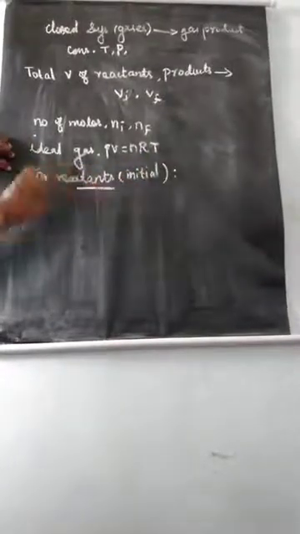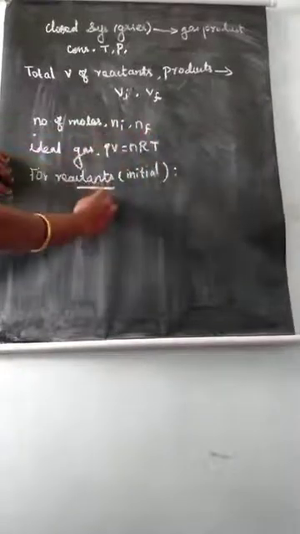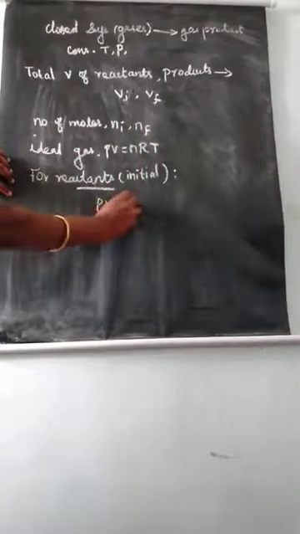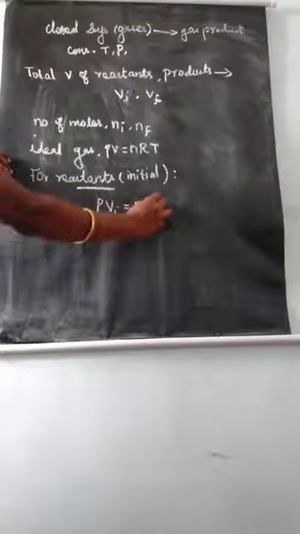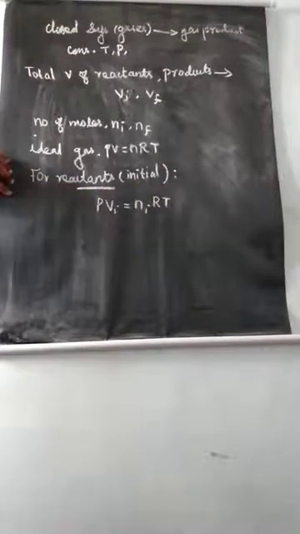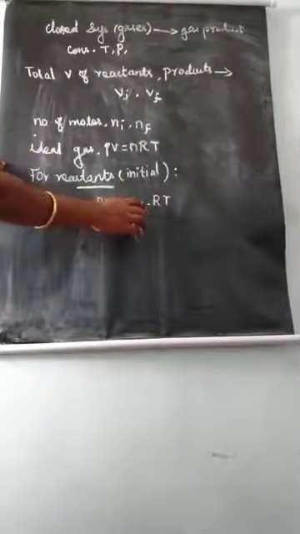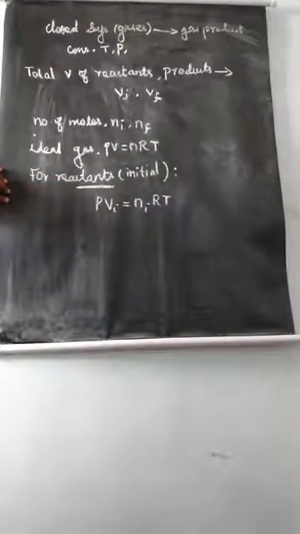For reactants, the ideal gas equation is P into Vi equals Ni into RT. Pressure is constant, temperature is constant, volume is Vi, number of moles is Ni.